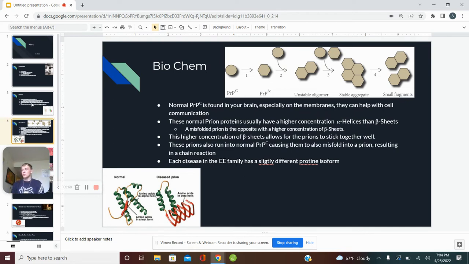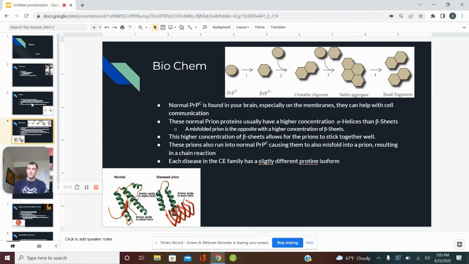These proteins become misfolded. There are a few different ways a protein can misfold. Usually, especially in the case of Kuru, it doesn't happen any other way except that you have to get one of those proteins into your system. But in other diseases in this family, it's kind of similar to Alzheimer's and Parkinson's, but we'll get into that a little bit later.